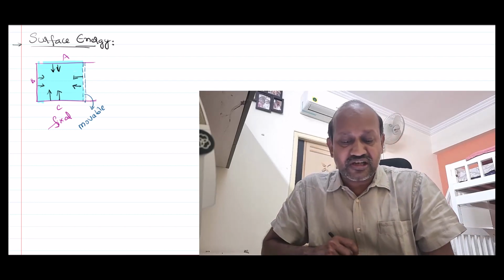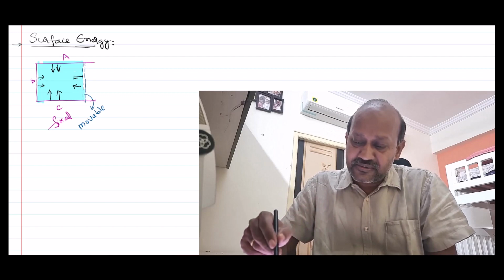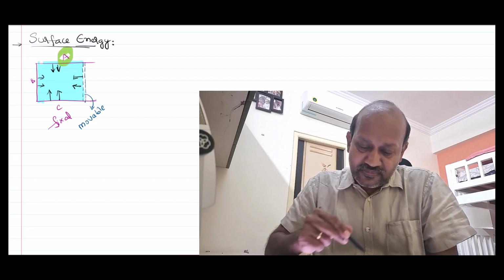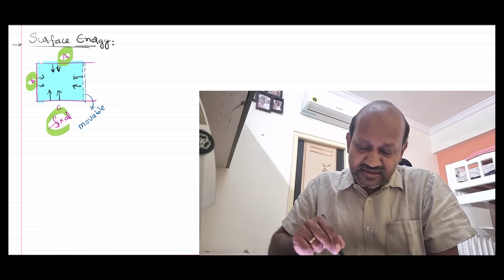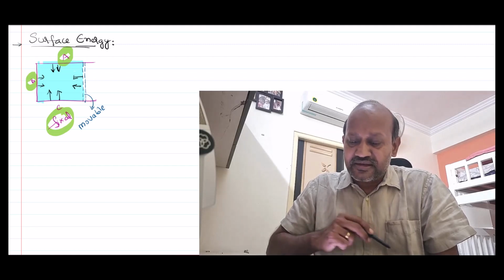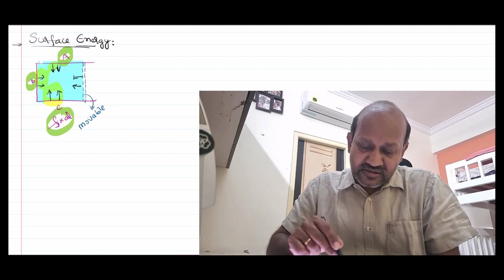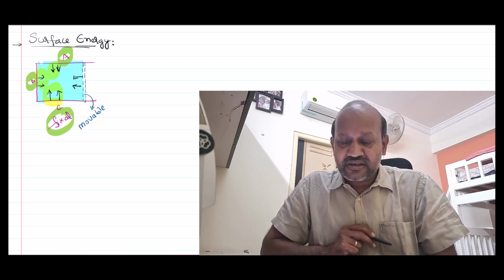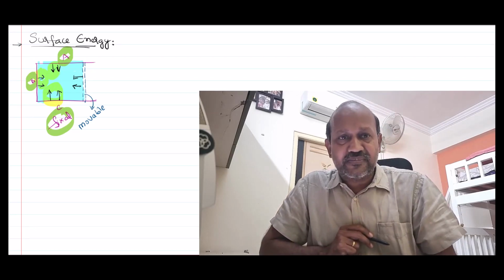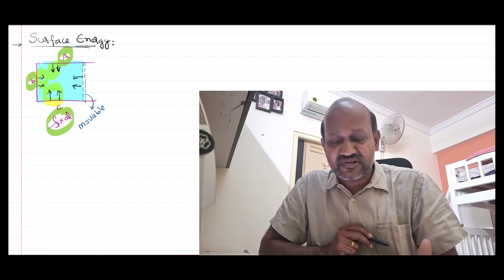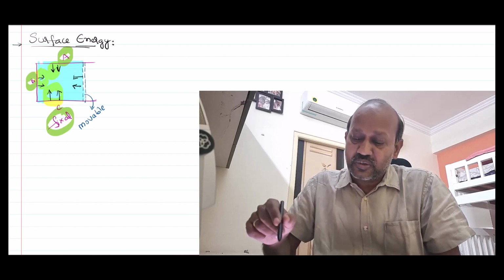But if you watch a little carefully, this side, this side, and this side are fixed. As the sides are fixed, these forces of surface tension cannot pull that frame towards it. So their force is useless. They're not going to do anything.